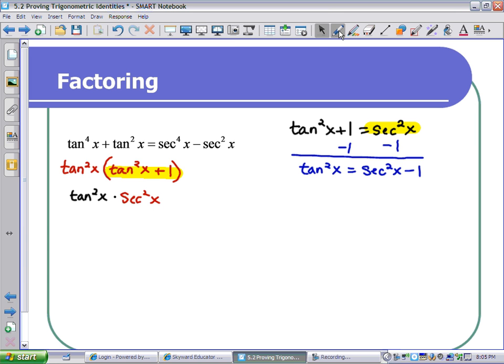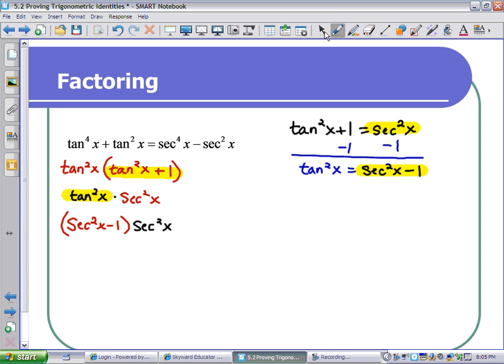Now we can go back and replace tangent squared x with secant squared x minus 1. So here I have secant squared x minus 1 times secant squared x.